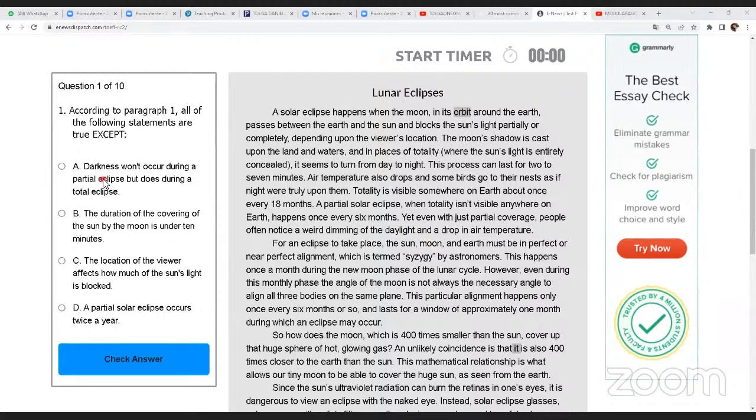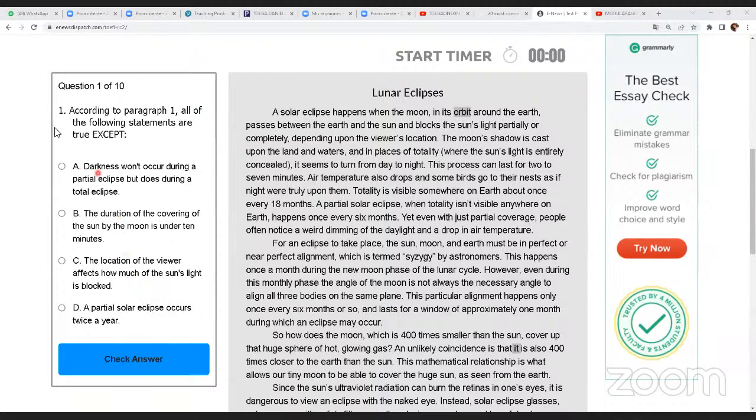All right. So according to paragraph 1, all of the following statements are true, except A, darkness won't occur during a partial eclipse, but does during a total eclipse. B, the duration of the covering of the sun by the moon is under 10 minutes. C, the location of the viewer affects how much of the sun's light is blocked. D, a partial solar eclipse occurs twice a year.